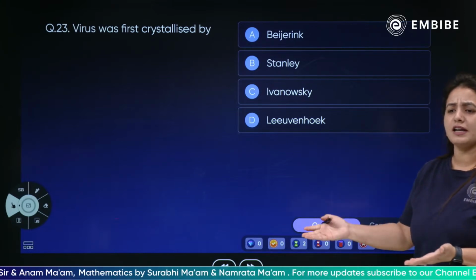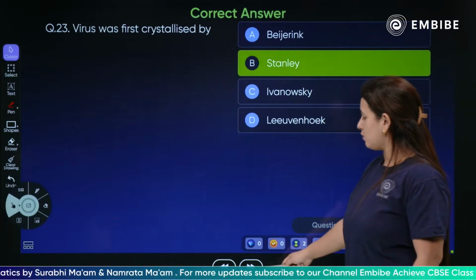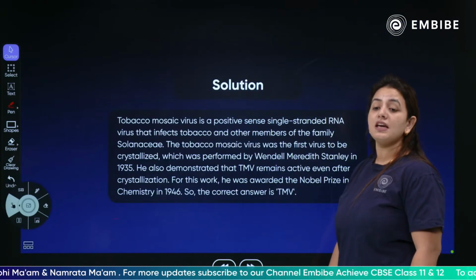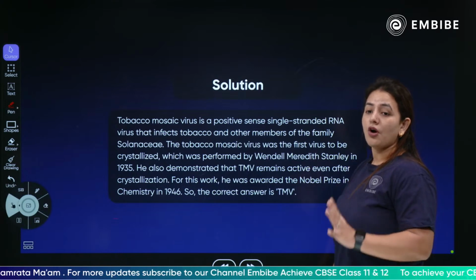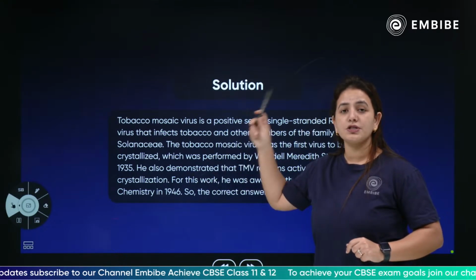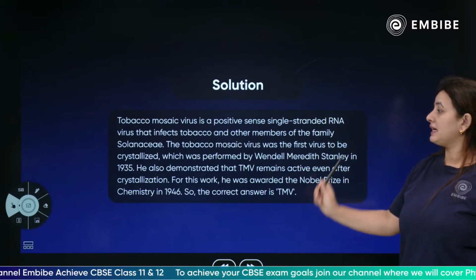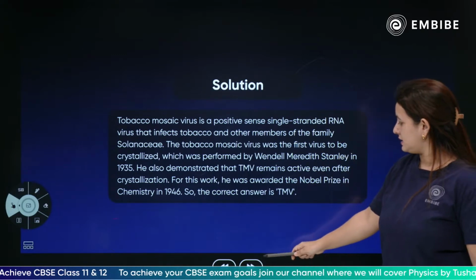Also important, just a few days back we discussed it. Yes, it was Stanley who first crystallized the viruses, the tobacco mosaic virus, which has single stranded RNA and infects the tobacco plant.